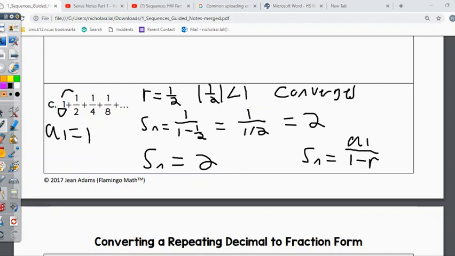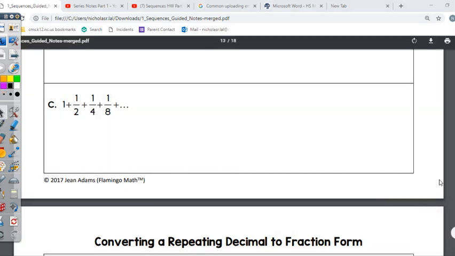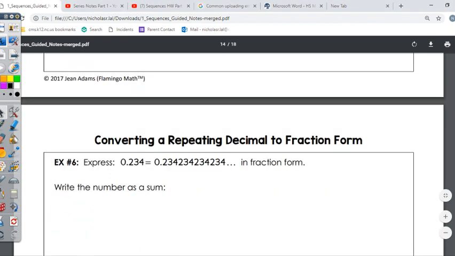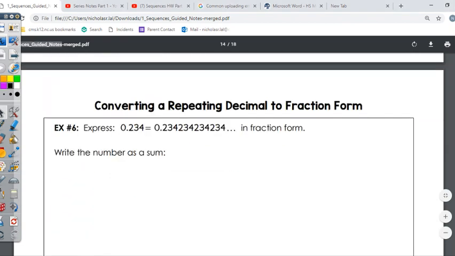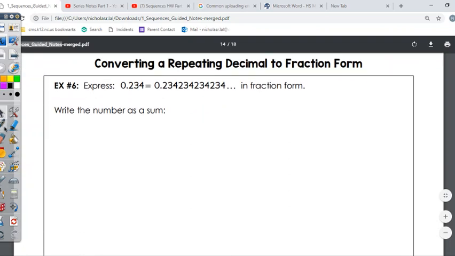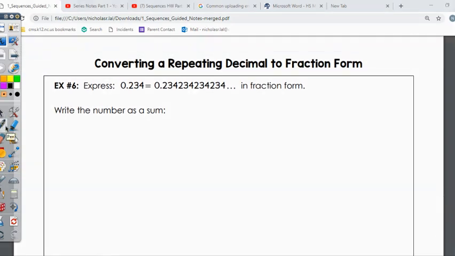Am I good to clear? All right, I'm going to clear. For the last page, I want you to look at me working through it and see if it makes sense. So, putting this in fraction form, we can say that the first term is 0.234.